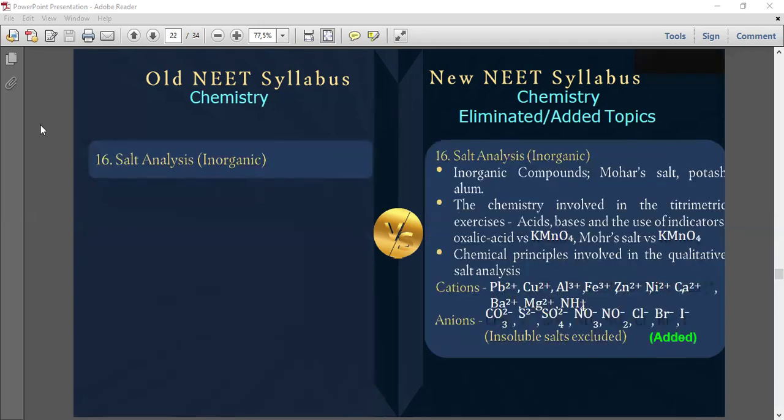And then in salt analysis, inorganic chemistry, inorganic compounds, mohr salt, potash alum, the chemistry involved in titrimetric exercises. Okay, and then cations, anions. So insoluble salts excluded, and these topics are added.